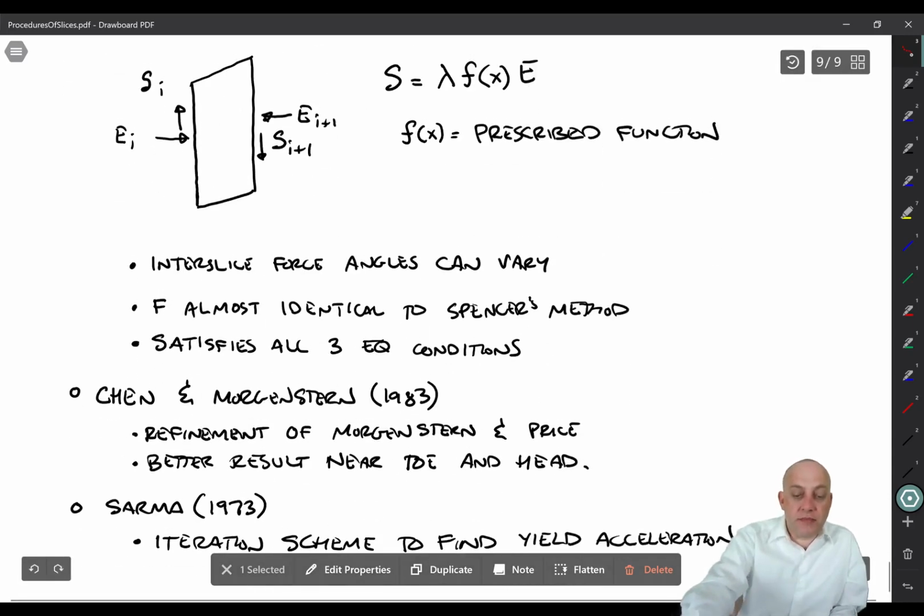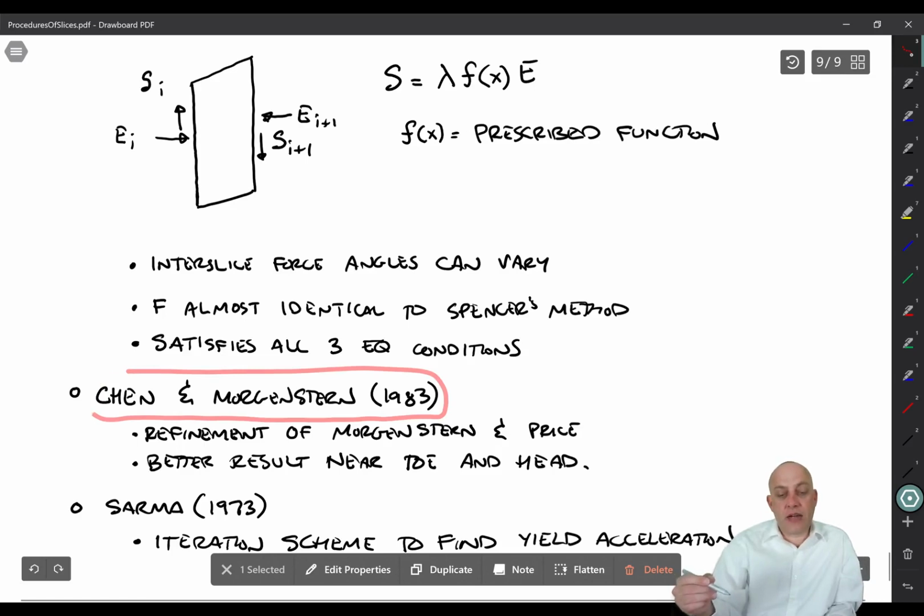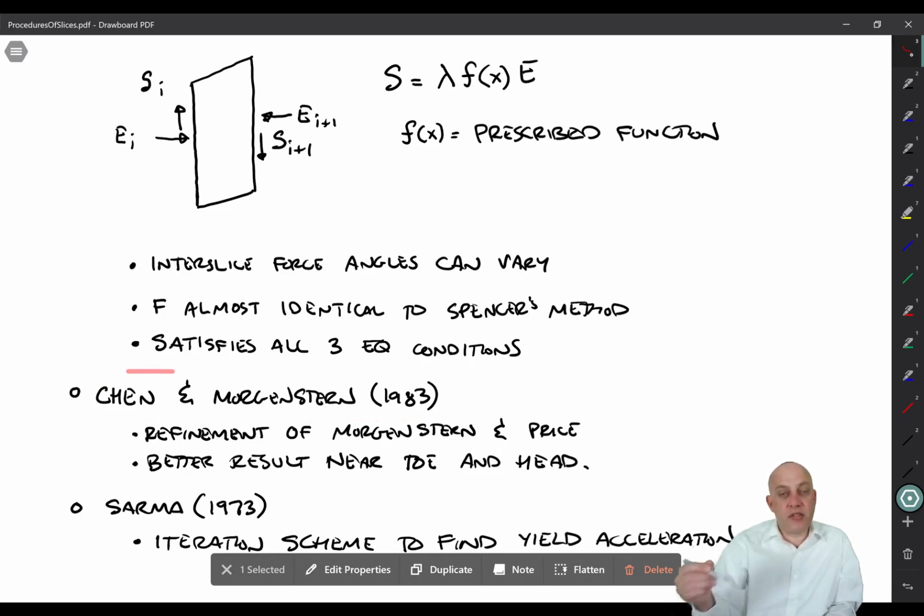Then there's a modification to that method that came later by Chen and Morgenstern. What they did was add a refinement of the Morgenstern and Price method that gave better results at the endpoints of the slice, near the toe and the head. And so it's probably even better in terms of convergence and providing a solution.